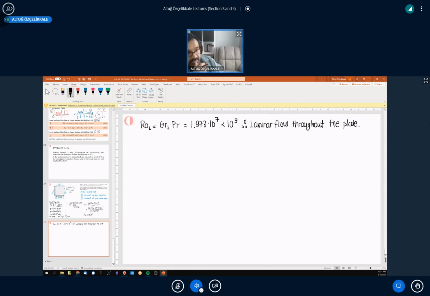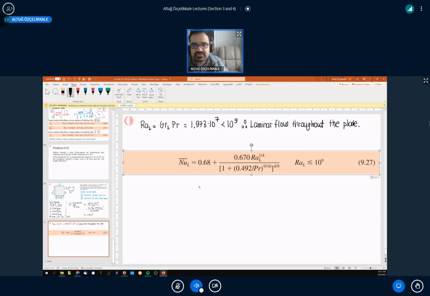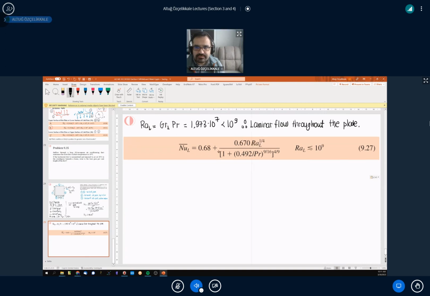Okay. So which correlation should we use? In the previous example, we used the similarity solution because we didn't know any better. How about using equation 9.27 now? Because that was correlated based on experiments, so it was for laminar flow.